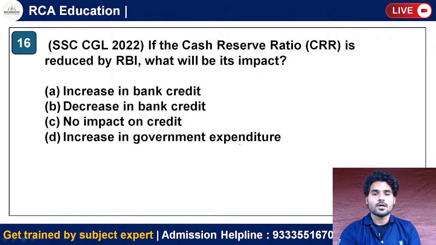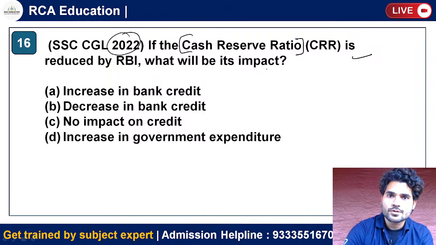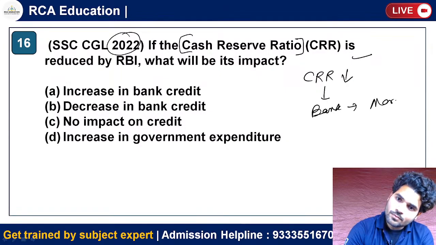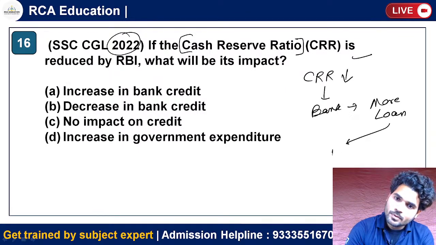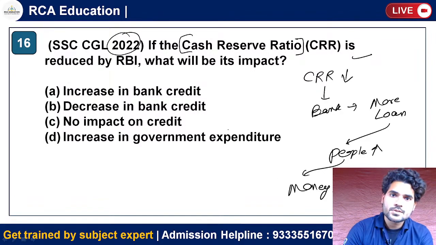Next question, SSC CGL 2022. If the cash reserve ratio, CRR, is reduced by RBI, it means banks can give more loans, so people have more money and the money supply increases.